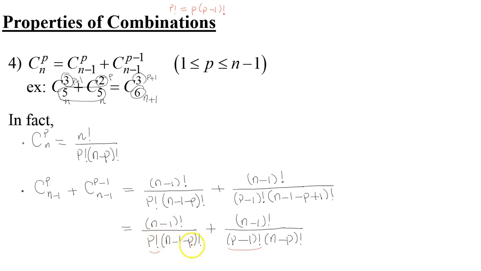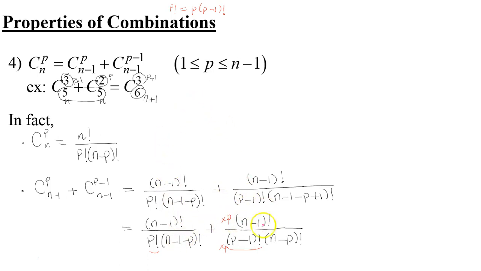So we notice that (p minus 1) factorial is a factor of p factorial. Therefore, in order to end up with p factorial as a least common factor, we'd have to multiply (p minus 1) factorial by p. Consequently, we'd have to multiply the numerator by p.